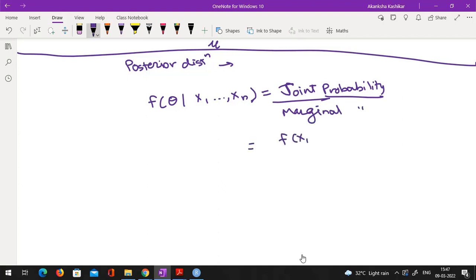So joint would be what? Can I say something like this? And then what would be marginal? Does this look familiar? The likelihood distribution.